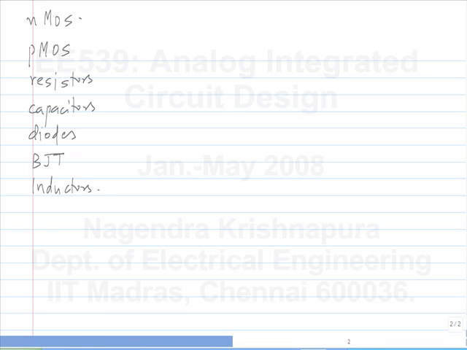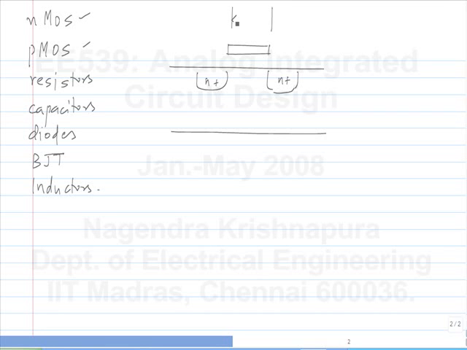So NMOS and PMOS, it's clear how you make it. And what you have control over is the width and length of the MOS transistor. So if you take an NMOS transistor, this is the cross section. This is the length.